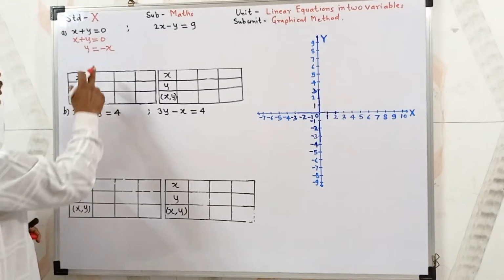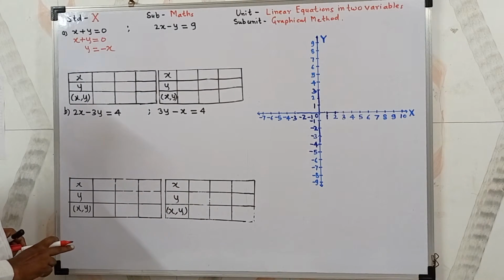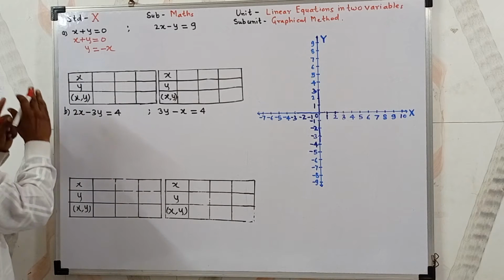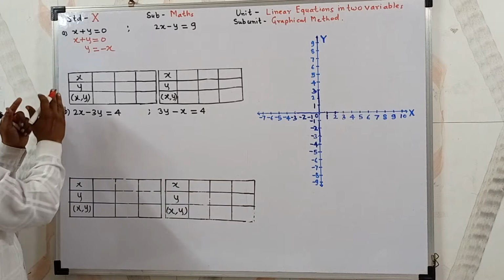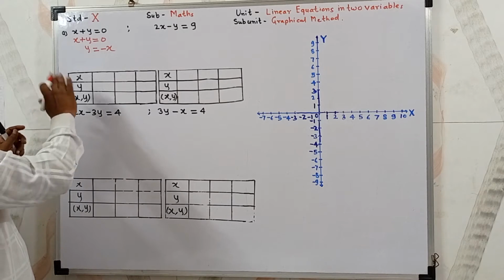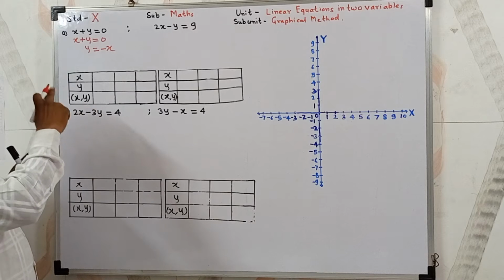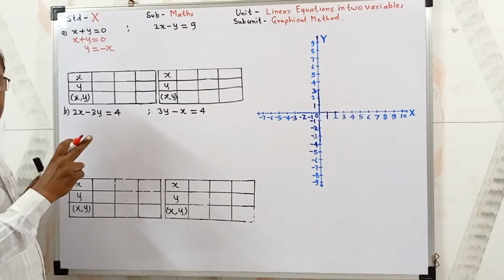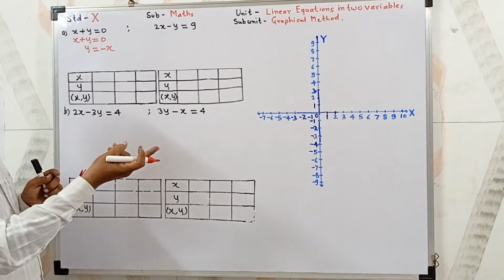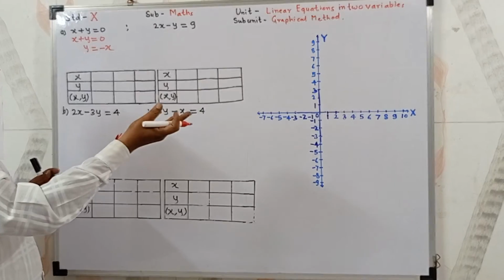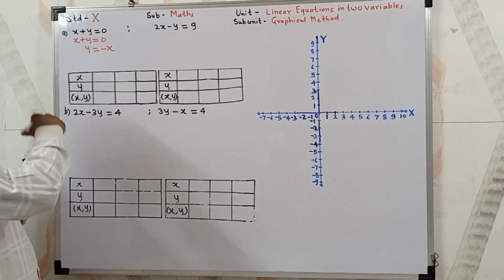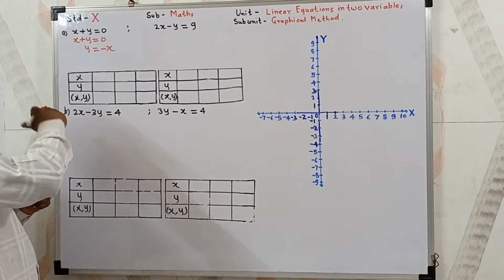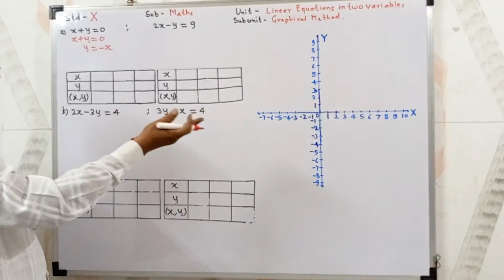When we take any variable or any number to the other side, if it has a plus sign, then it becomes a minus sign. When it goes to the other side, plus becomes minus, minus becomes plus, multiplication becomes division, and division becomes multiplication.